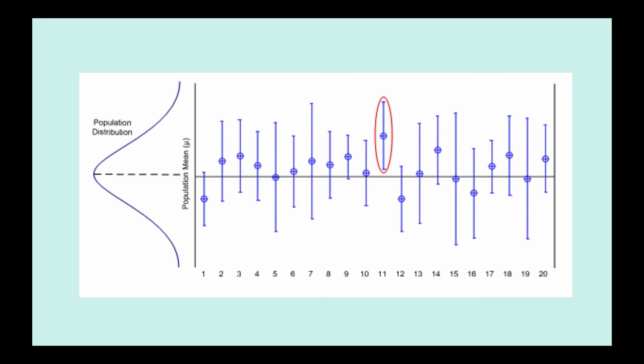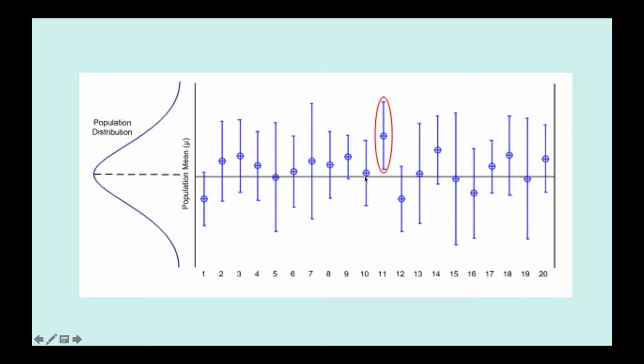And so we can say that there's no statistically significant difference between our sample mean and the population mean. If the sample mean and the population mean are within the same 95% confidence interval, then there's no statistically significant difference.